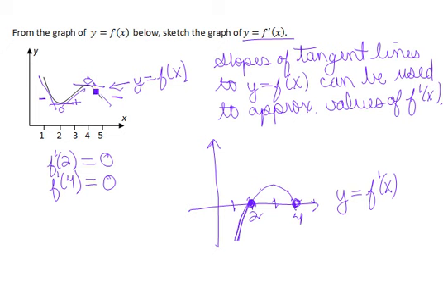They start small and negative and get steeper. That means that our derivative drops below the x-axis, becomes negative, and continues to be more negative. So given this as the graph of the original function, looking at the slopes of the tangent lines, we can get a rough sketch of the graph of its derivative.